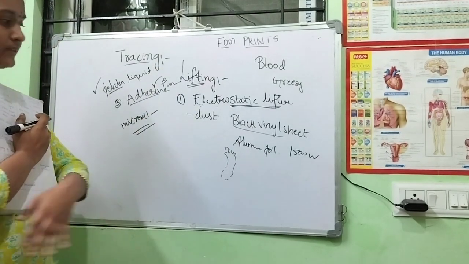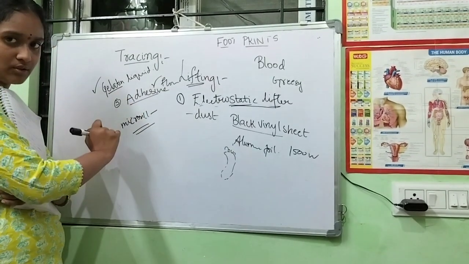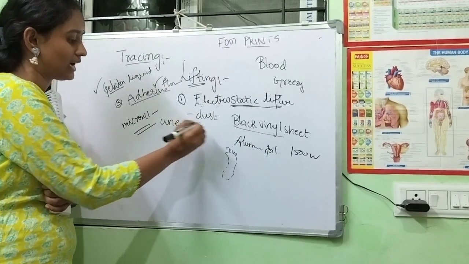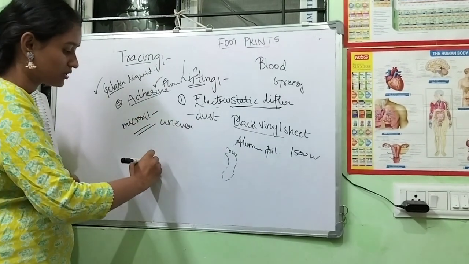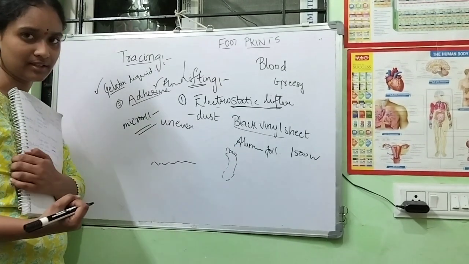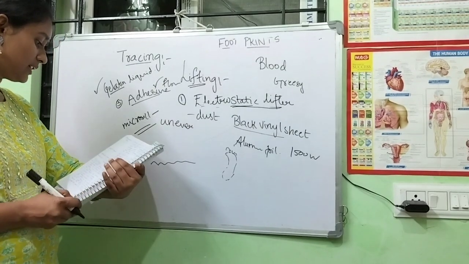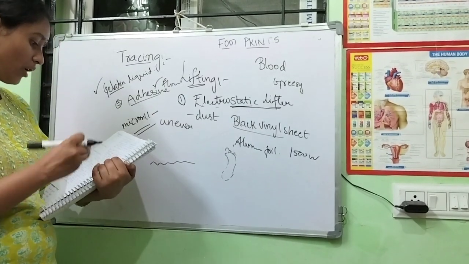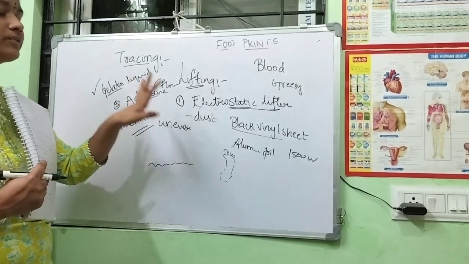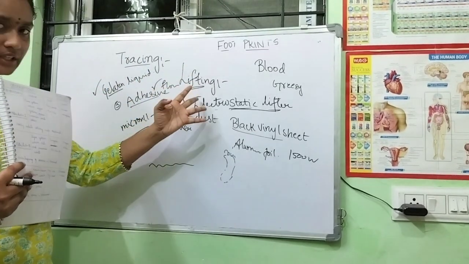It is the same type of process, but this one is used for uneven surfaces. If you have outdoor surfaces, they will be uneven, but you have to cast and lift that. Then this silicone product is used to lift the powdered impressions on that. Okay, these are the 4 types of techniques for the lifting of the footprints.